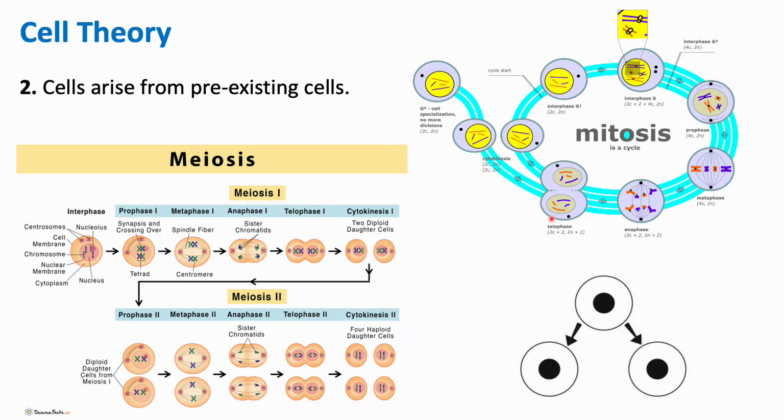And remember, mitosis and meiosis is essentially taking a single cell, duplicating the number of chromosomes which contain that genetic information, and then producing these daughter cells that may be genetically completely identical, or they may be slightly different when we talk about meiosis. So cells come from pre-existing cells. So we have the cell division, a simple example over here, specifically mitosis and meiosis, and they will not occur spontaneously.